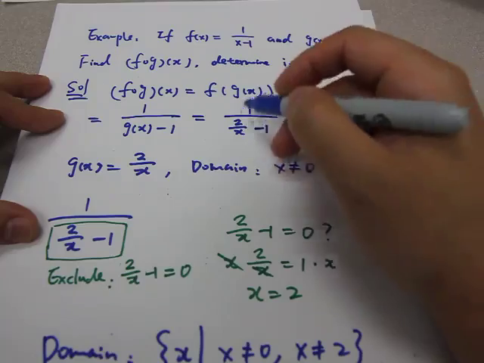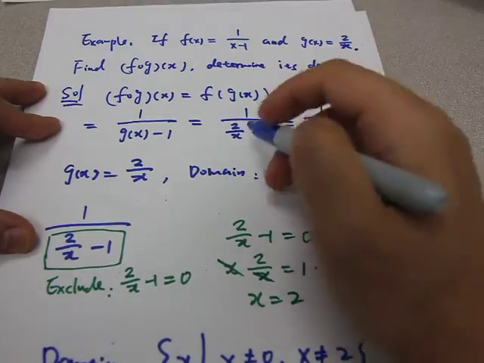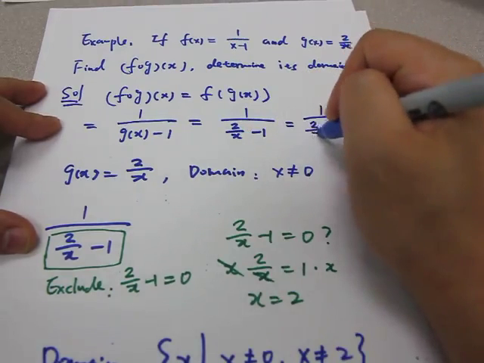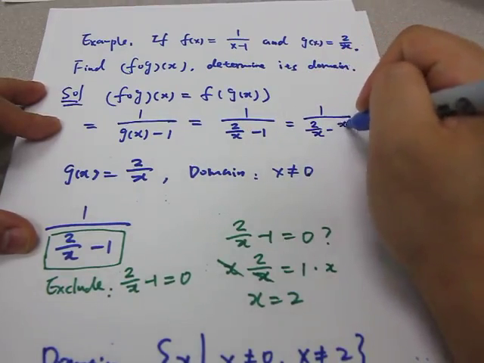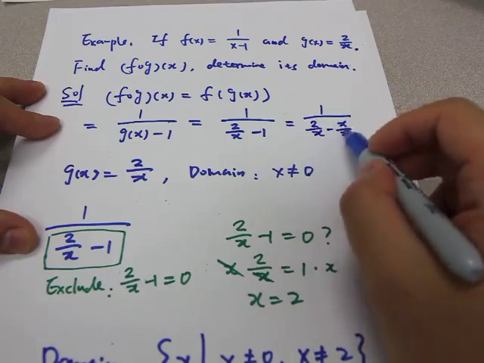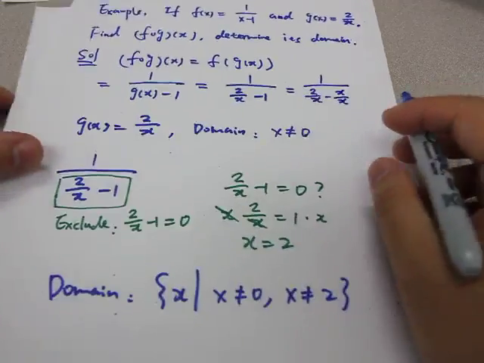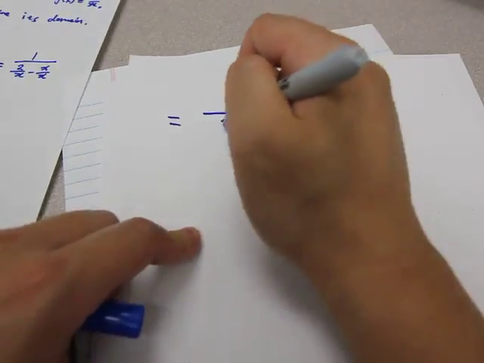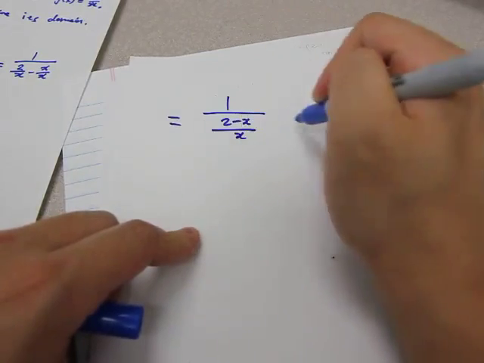Next, to simplify this, if we add 2 over x minus 1, we are going to have 2 over x minus x over x, and this is equal to (2 minus x) over x.